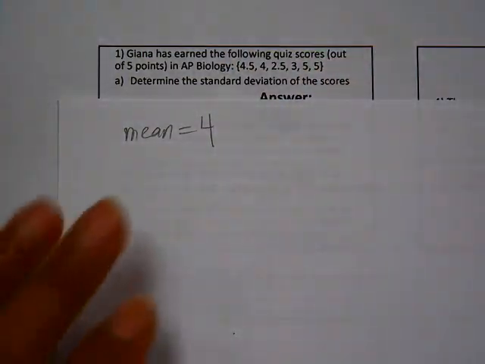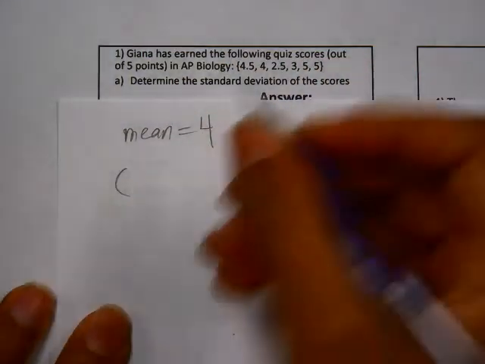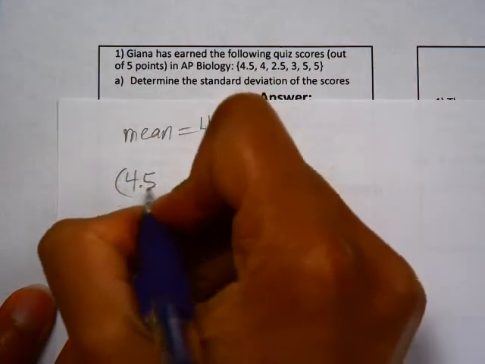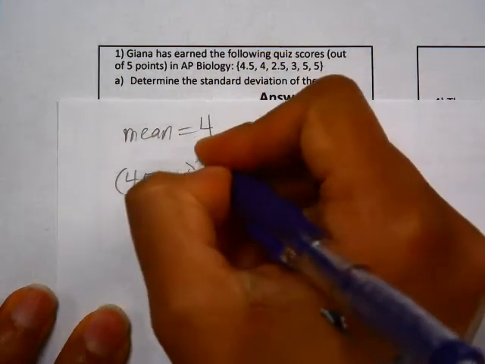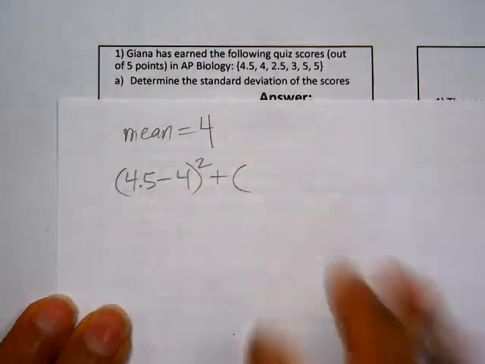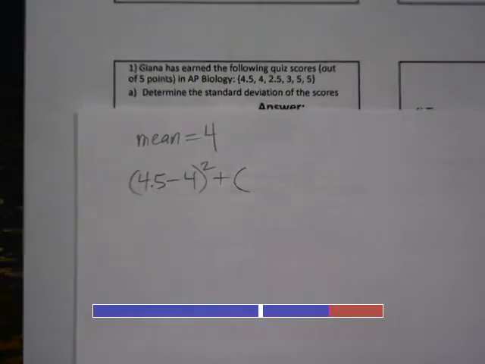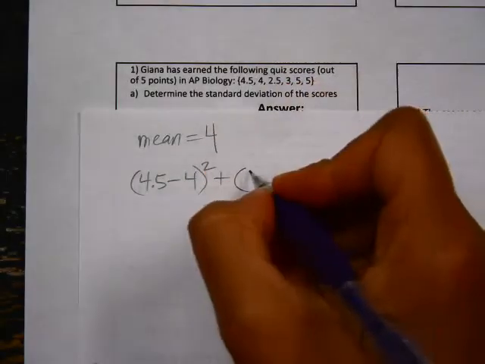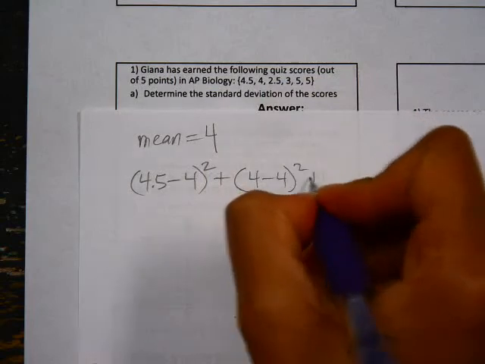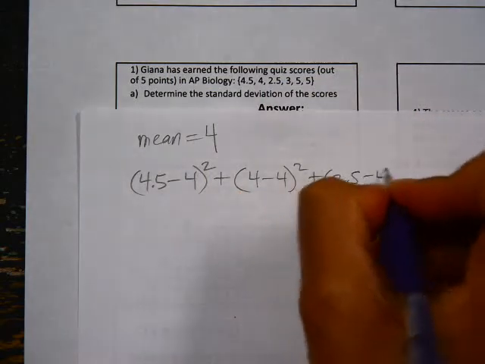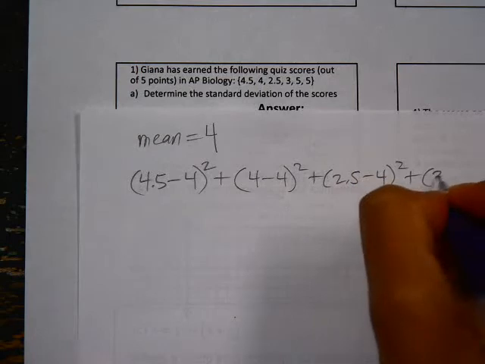Once you know the mean, you're going to take the difference between each data value and the mean and square it, and then add all of those results together. So the second one minus the mean squared, third data value minus the mean squared, and so on.